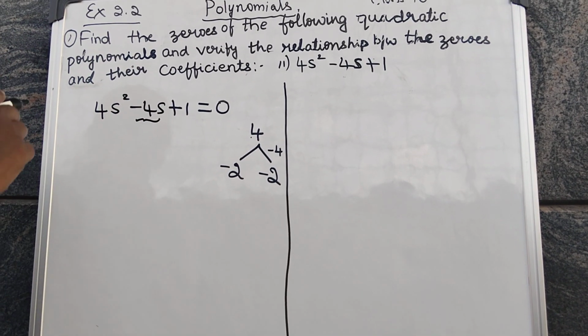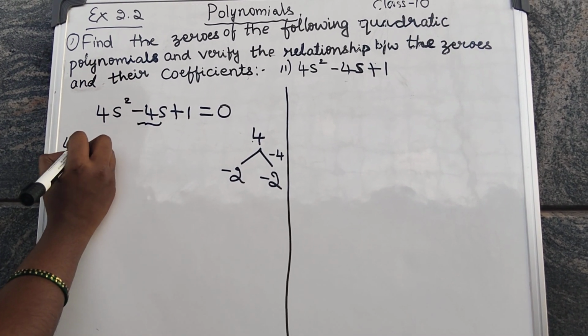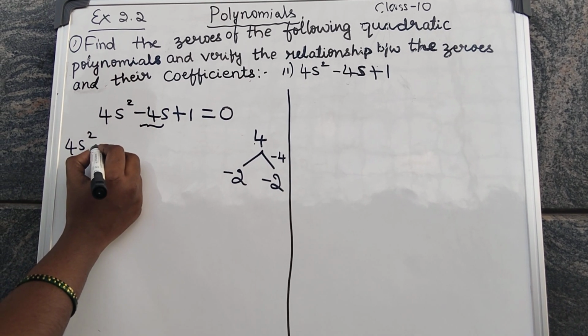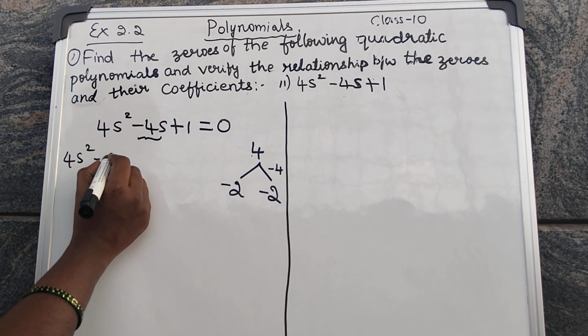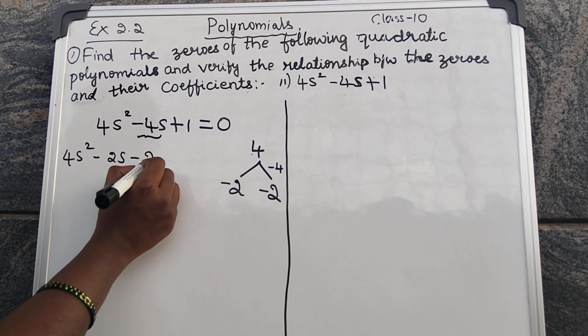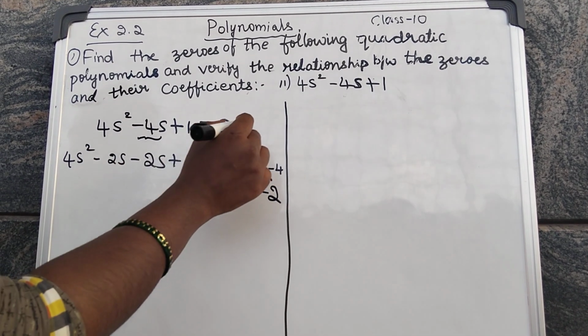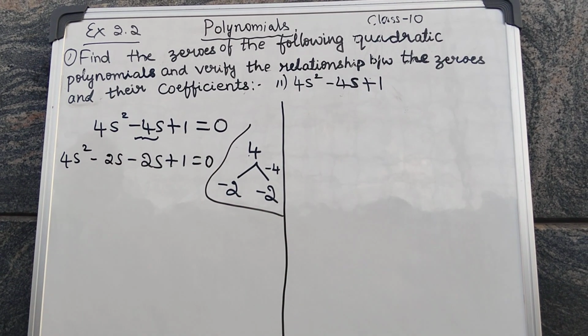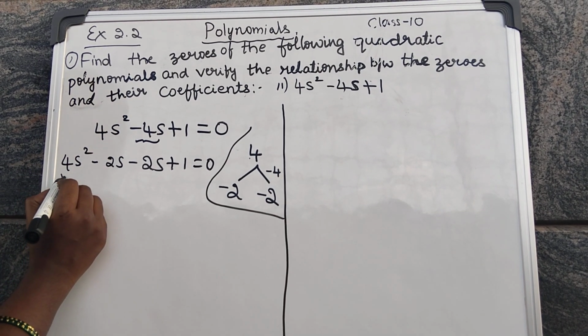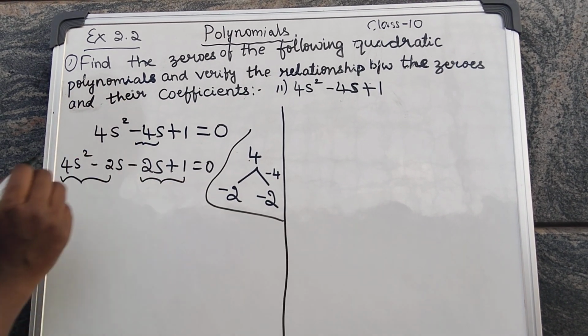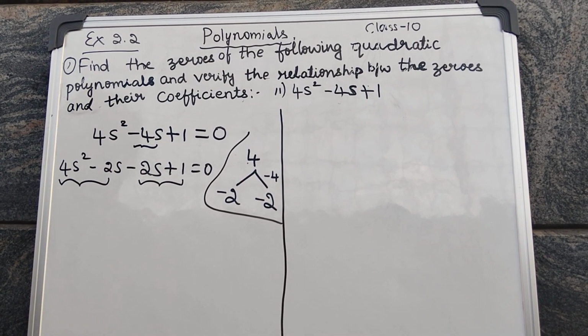Now I'll split the middle term: 4s² − 4s + 1 you will write as 4s² − 2s − 2s + 1 = 0. Now group two terms together and take the common term out.